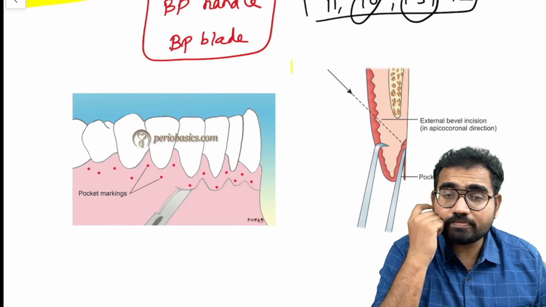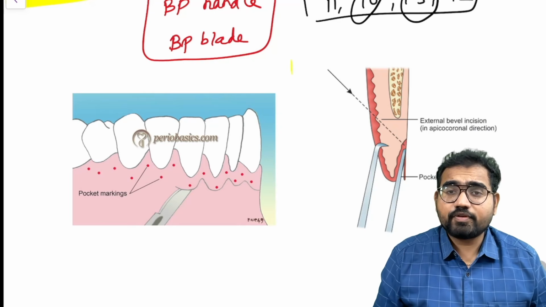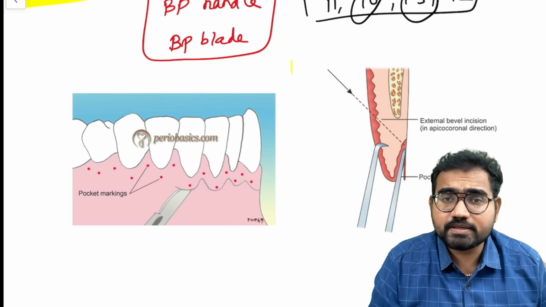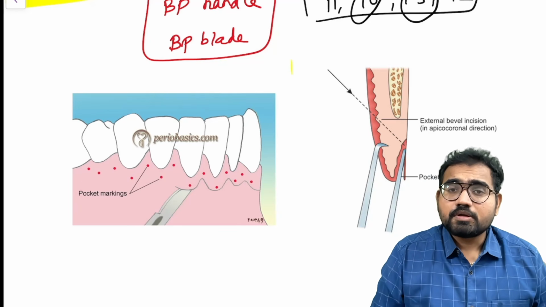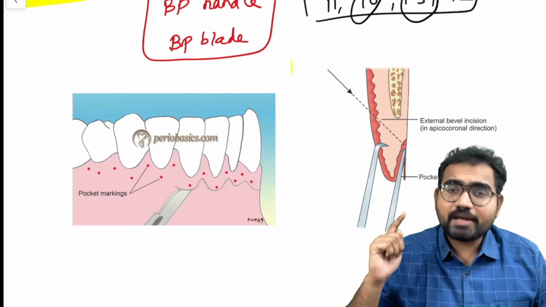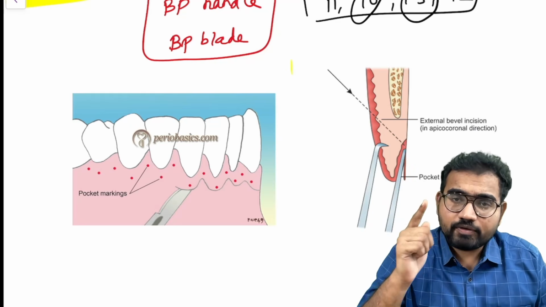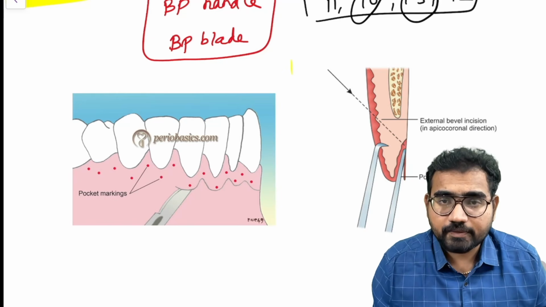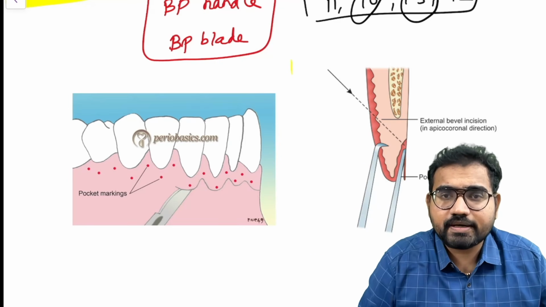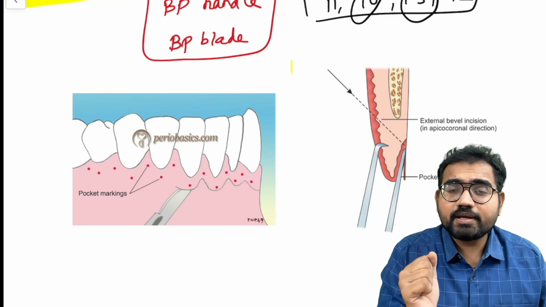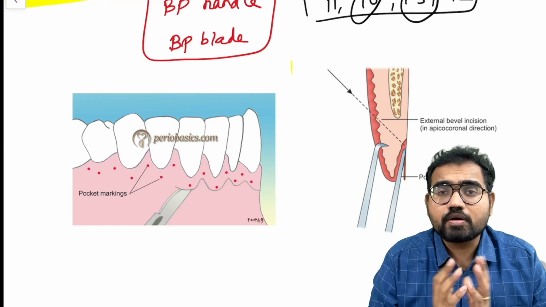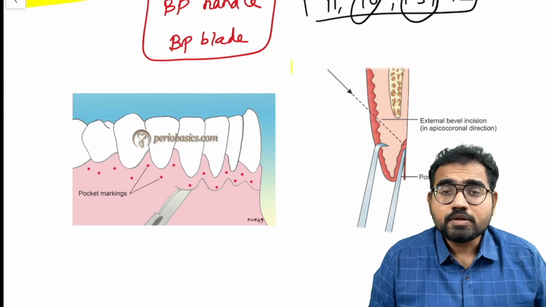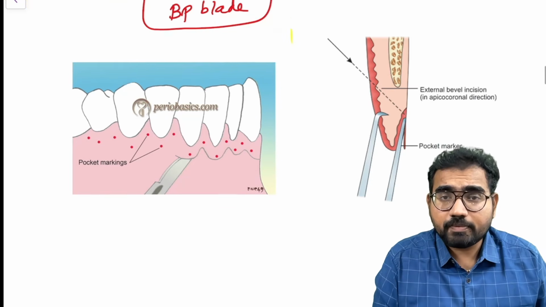Incision should be at the desired height. For example, if I want to reflect a full thickness mucoperiosteal flap, one of my incisions should completely hit the bone. If I don't hit the bone and I try to reflect the flap, it is not going to reflect fully. Obviously the periosteum is going to remain attached, so there will definitely be enormous bleeding. So the incision should be very properly given.